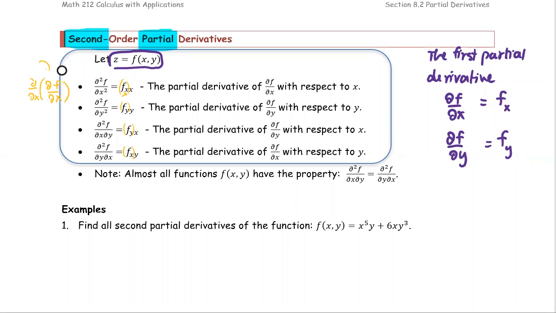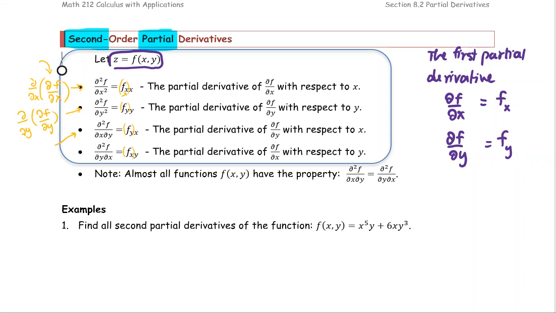So you're gonna find the first derivative and then do the derivative on top of it. So that's how you derive this notation. And the second one is you find the derivative with respect to y of the derivative with respect to y.